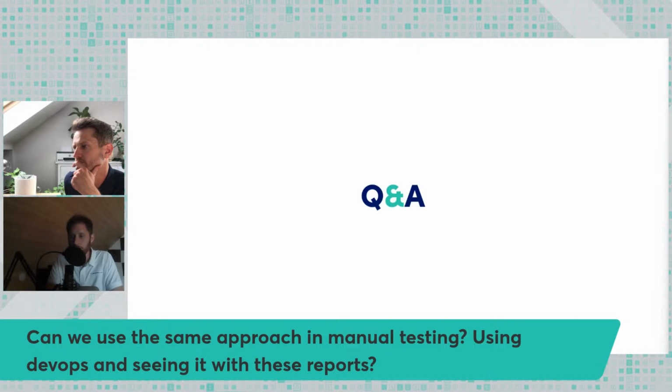So you'll be able to combine that. And in the same way, if the iterations of manual and automation are the same, you'll be able to have it all in one place. Mm-hmm. Okay.